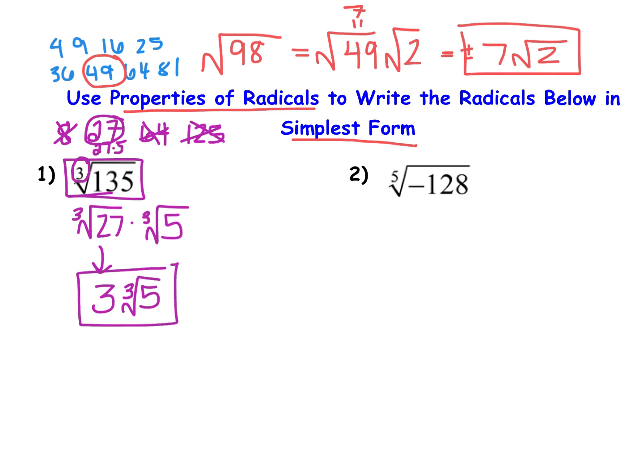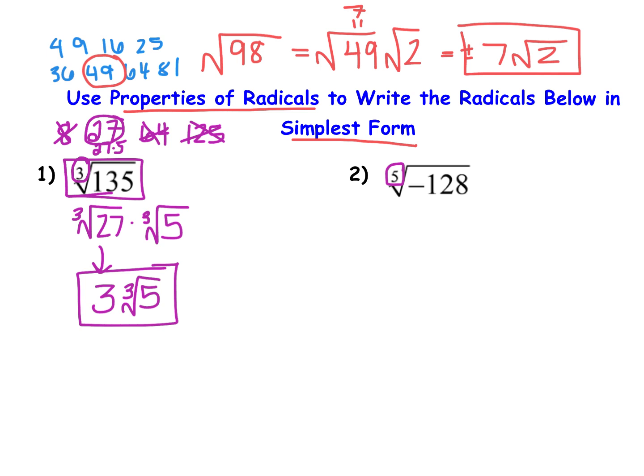Then if I look at this next example, I see that I have the fifth root, so I'm going to look at numbers that go to the power of 5. I'm looking for one that, if I divide 128 by that number, it works really nicely.